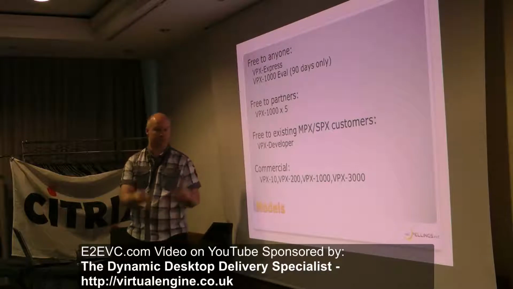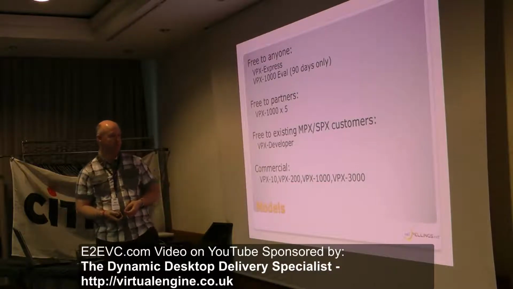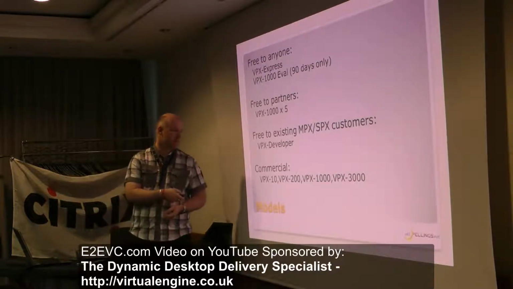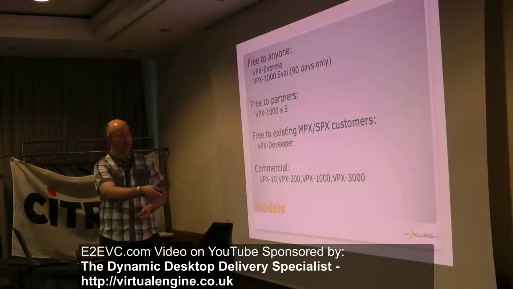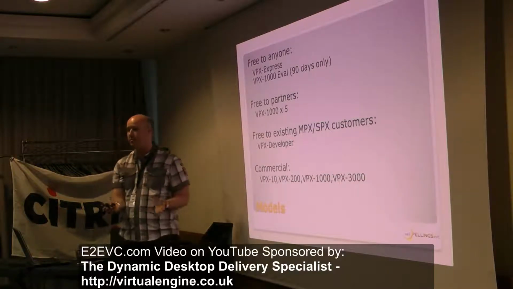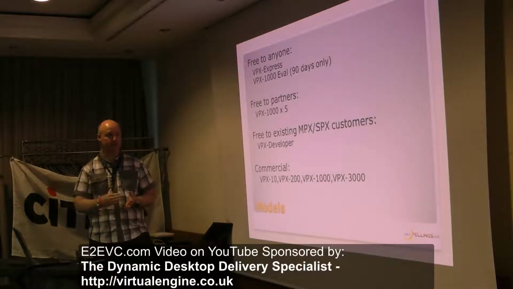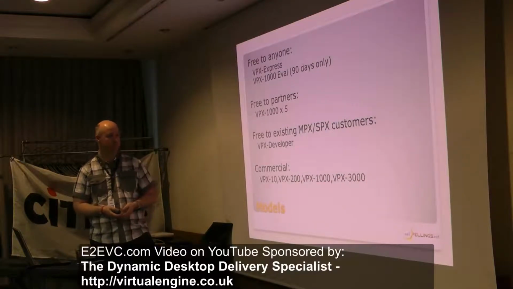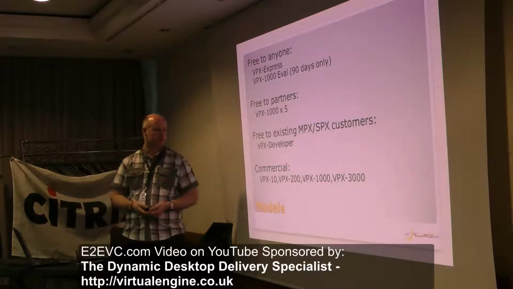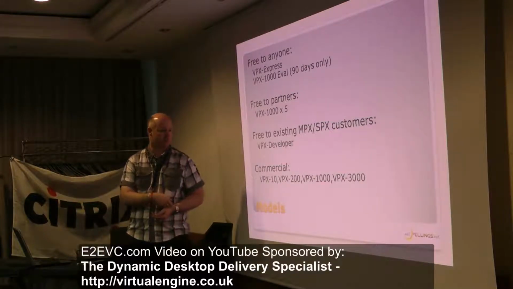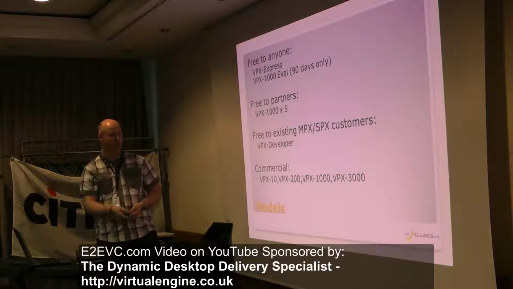And the commercial range, the things you can buy from a distributor or a partner: VPX 10. Again, the number denotes the throughput. They're exactly the same software; it's just a license key change that throttles the device based on throughput. There are four different ones: 10, 200, 1000, 3000.